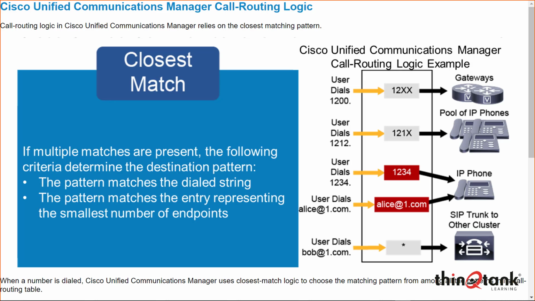An X in a pattern within Call Manager is a single digit, 0 through 9. So 12xx is going to match 2 wildcard digits, which means that we have 100 possible combinations, 00 through 99. That happens to be a test question, by the way.